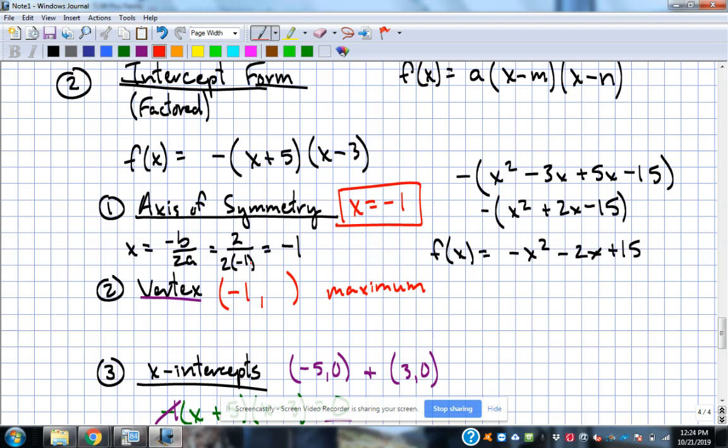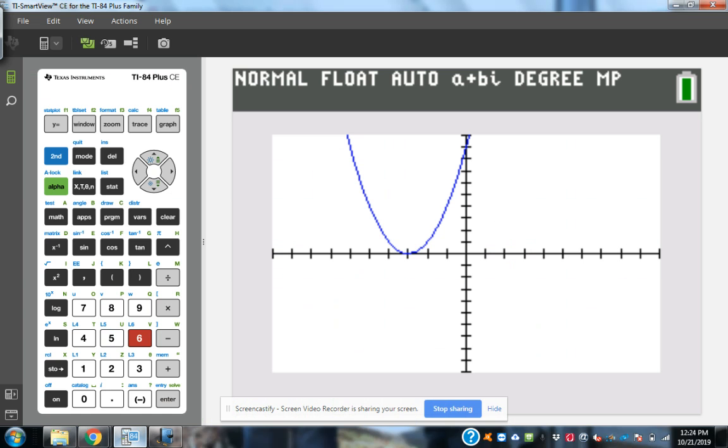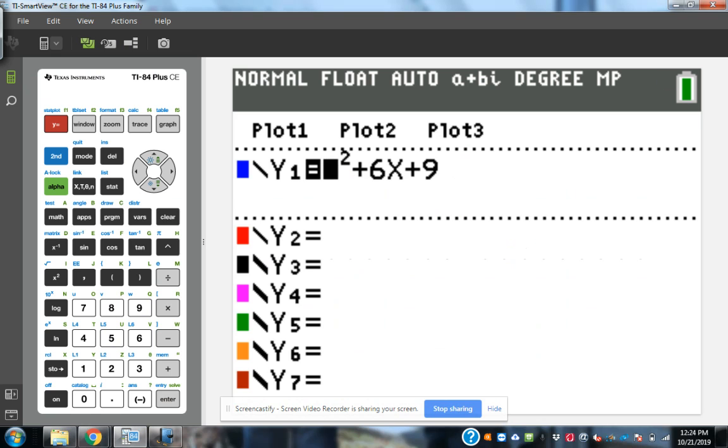Next thing is to find the y value of the vertex. How do we do that? Plug it in for the x in the problem. Does it matter which form I plug into? No. I'm going to use the calculator to help me here just because it's a new tool and I want to try to learn to use it. So I'm going to type in the original problem in intercept form.